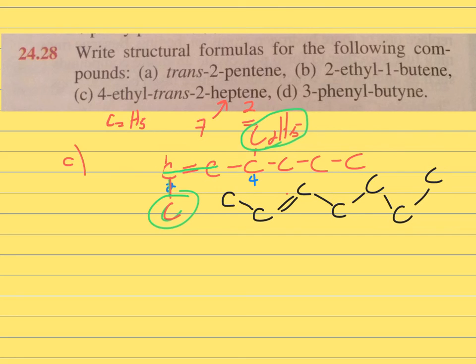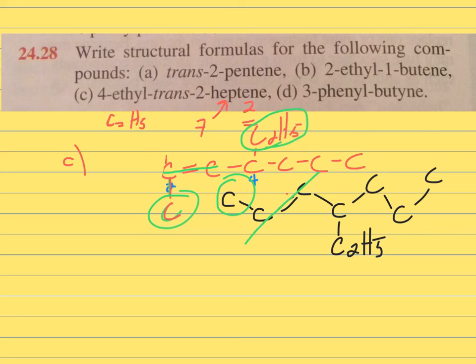So I'm going to draw this horizontal line in there again, and right now I see that carbon number 1 is above that line, so coming off of carbon number 4, which is right there, I'm going to put my ethyl group, and since it's trans, it's going to be on the opposite side of that line where that first carbon was. So C2H5. So that's what it looks like.